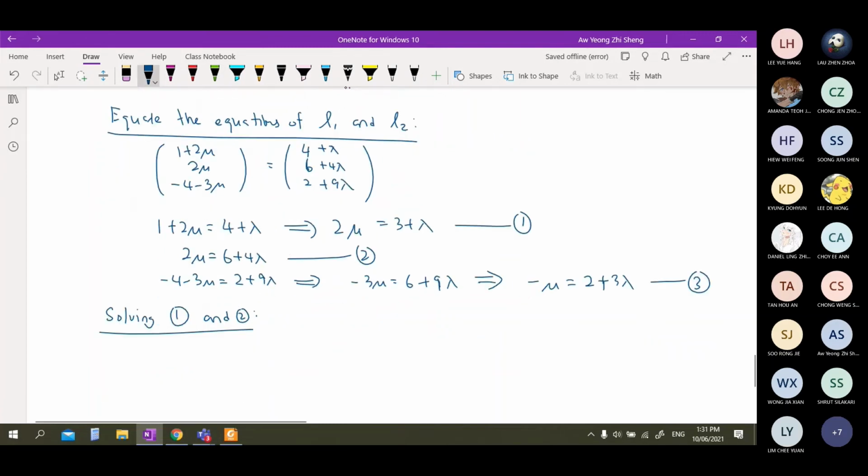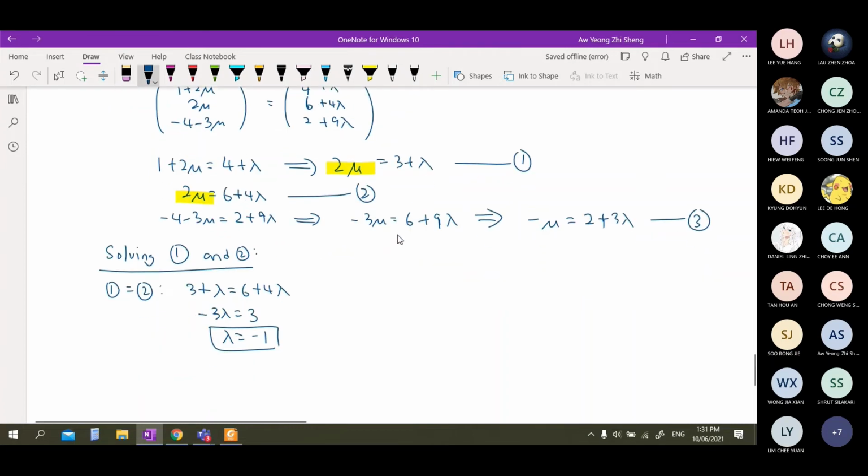Okay, since 1 and 2 have the same left hand side, we can just equate the two right hand sides. 3 plus lambda is 6 plus 4 lambda, which gives us minus 3 lambda is 3, and lambda is minus 1. So we have 2 mu equals 3 plus negative 1. 2 mu is equal to 2.